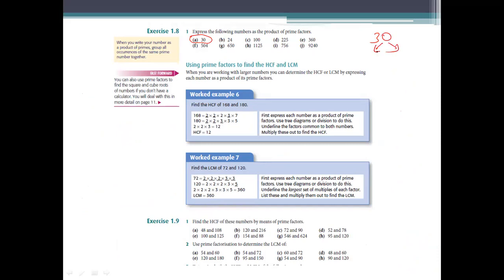The factors of 30 are 2 and 15. 2 is exactly a prime factor. 15 is an odd number, so you can write it separately as 3 and 5, both of them prime numbers. So 2 times 3 times 5 is 30. As you see, the answer is the same.